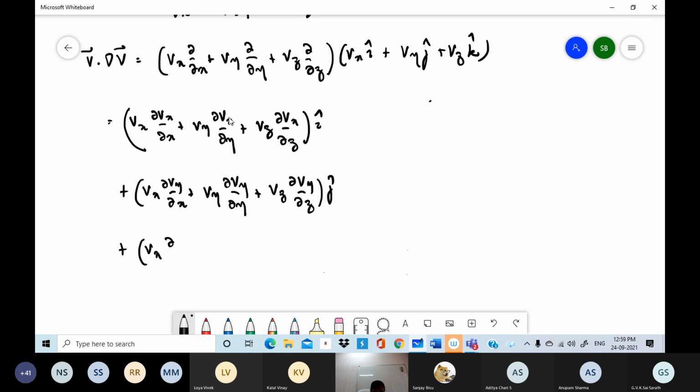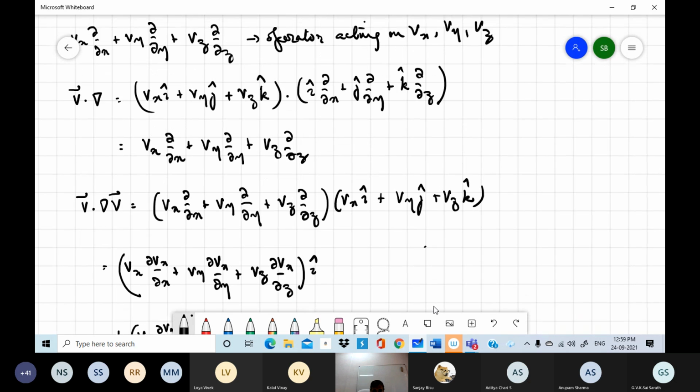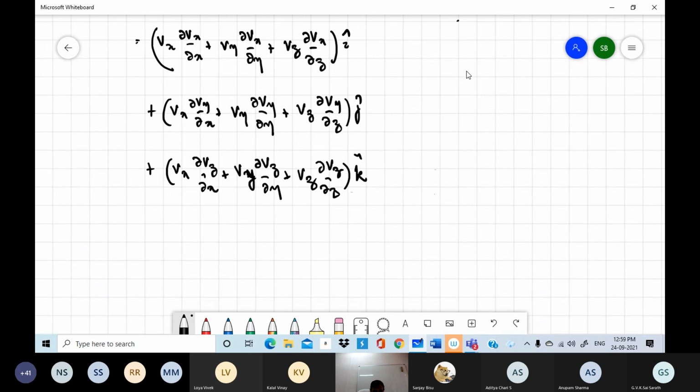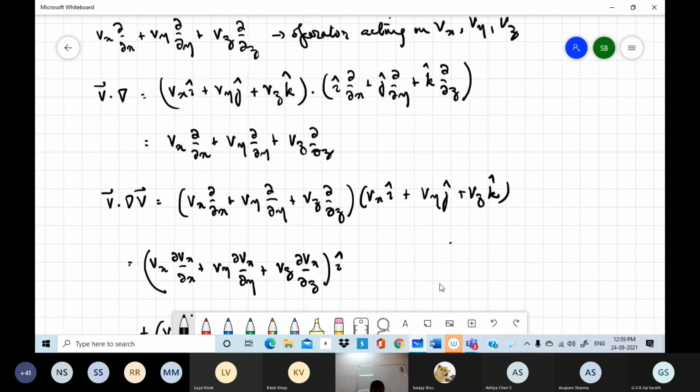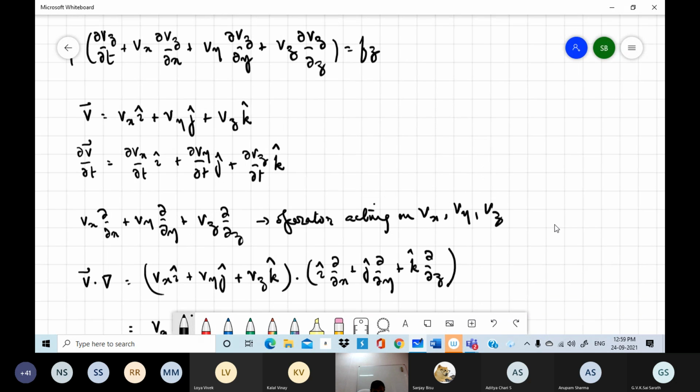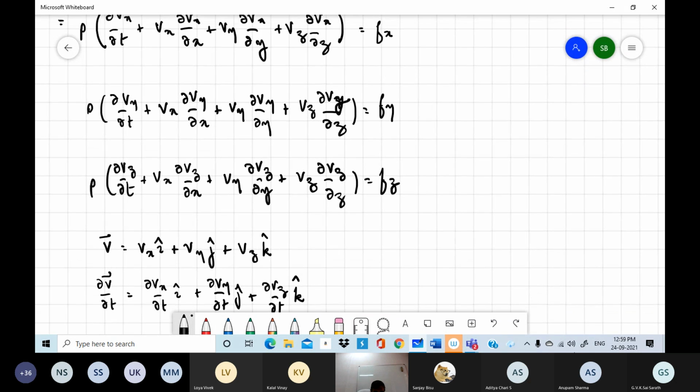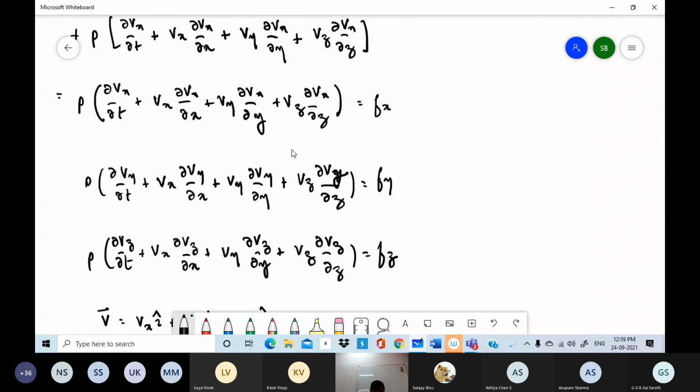Again, this acting on this gives me this. So in this way, the x component of this is this, which is exactly what I have in the x component of the momentum equation.